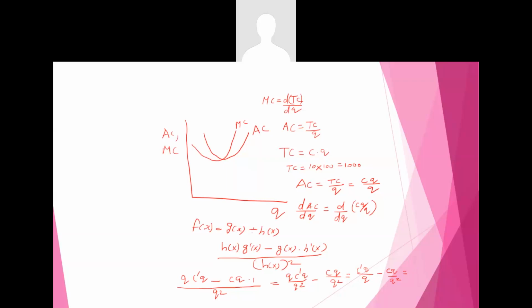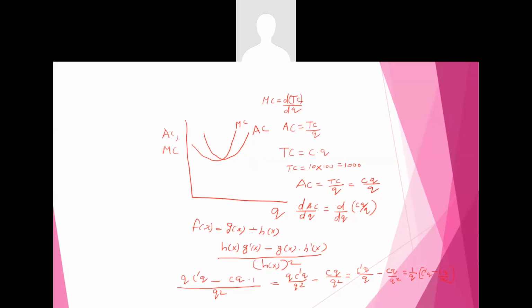Now we can factor out 1 by q, because the first term has q in the denominator and the second has q squared. When you factor out 1 by q, what remains is c dash q minus cq by q.